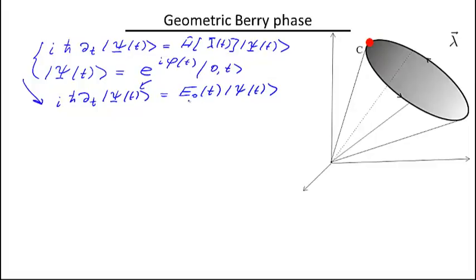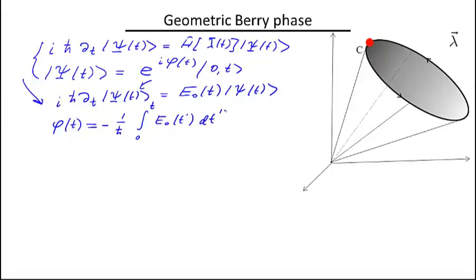And naively, you may assume that there exists a simple solution to this problem where phi would be equal to a generalization of the usual quantum phase that appears even in the time-independent problem. So we could naively just write it as minus 1 over h bar times an integral from 0 to t of E naught of t prime dt prime.